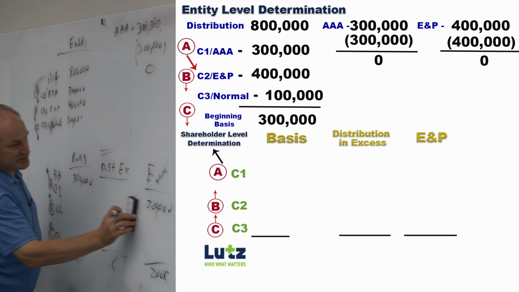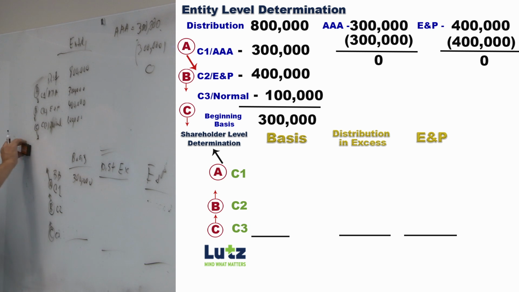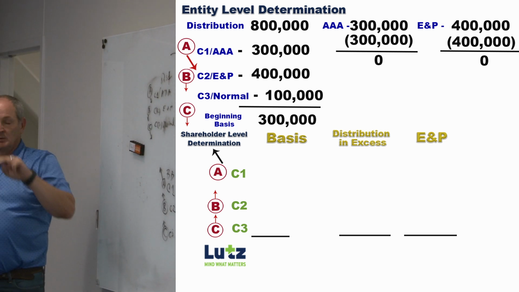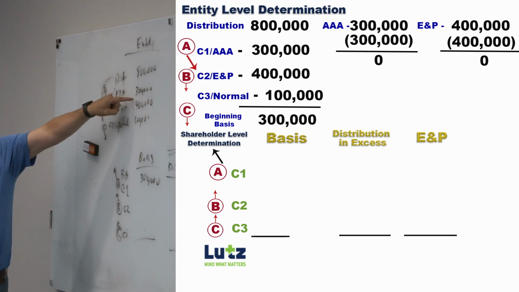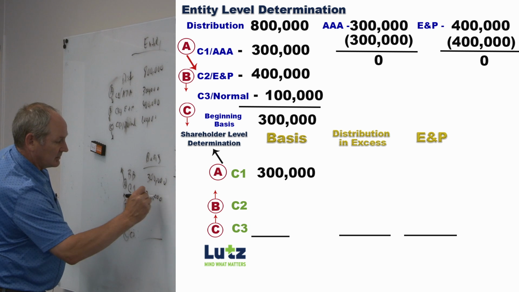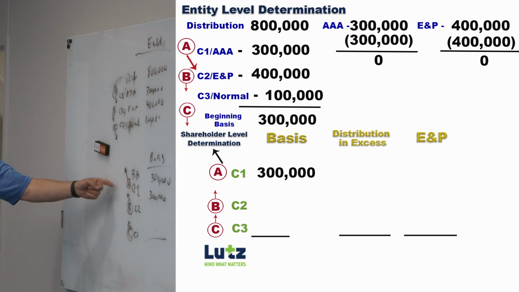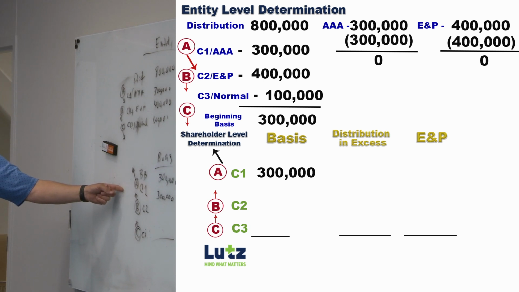So under C1, we have 300. Under C1 it says normal distribution rules, return to basis, or distribution in excess. So we have 300 that we have to account for. We have 300 at basis. So C1 is fully accounted for because basis fully absorbed that portion of the distribution.